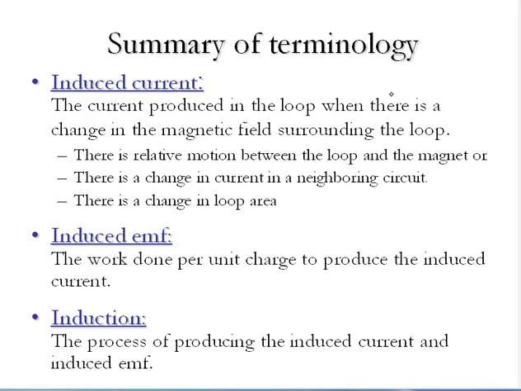So again, referring to the flux through the area of the loop, and we'll look at that. An induced EMF is the work done per unit charge to produce that induced current. And induction is in fact the process of producing the induced current and the induced EMF.